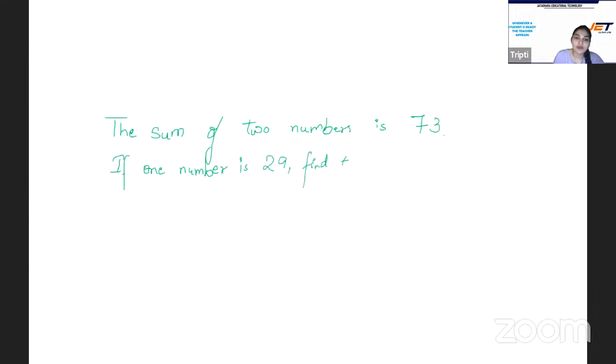First, I want you to do this and then I'll jump into it. First number is given to you, the first number you can say, which is 29. The sum is given to you, which is 73. But the second number, you don't know about it.